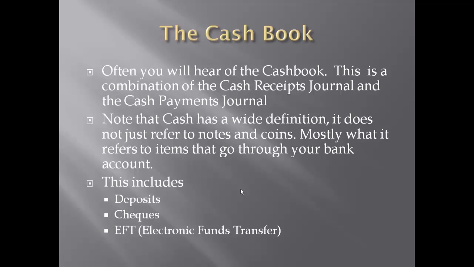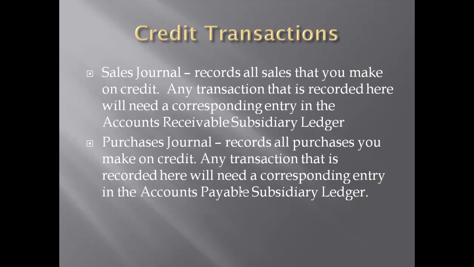Not so much about notes and coins, but about what goes through your bank account. So if you put a deposit in, if you write a check, if you have some type of electronic funds transfer, bank fees, anything that appears on your bank statement should go in your cash book, either if it's a deposit in the cash receipts journal, and if it's a withdrawal in the cash payments journal.